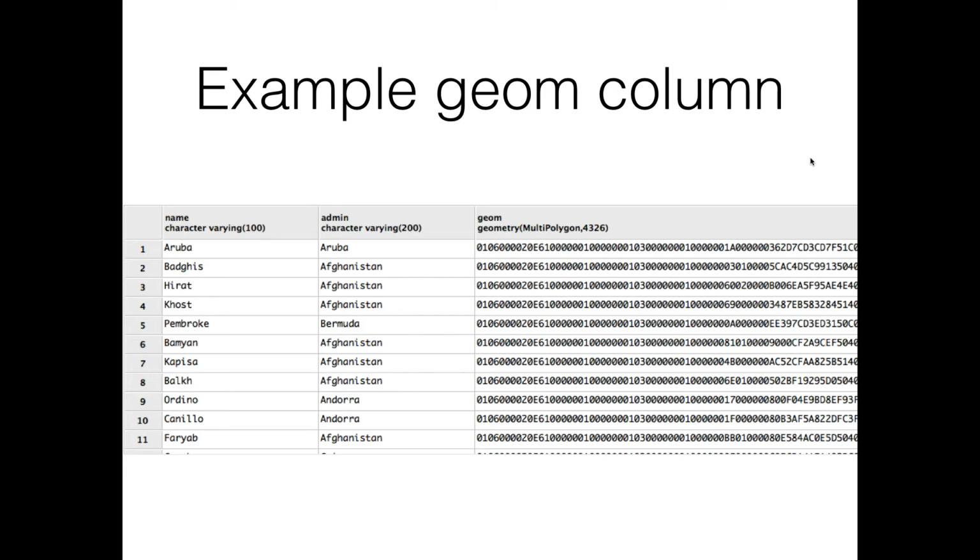I forget where I got this. But basically, we got some non-geospatial data in column 1 and 2. And then we've got the geom, and it's some inscrutable numbers. This is what's known as well-known binary. It's not really meant to be looked at like this. You want to go put it on a map, but that's just what it'll look like. So if you guys are browsing tables and you wonder what that big ugly thing is, that's what it is. It's a representation of the geometry in this well-known binary format.